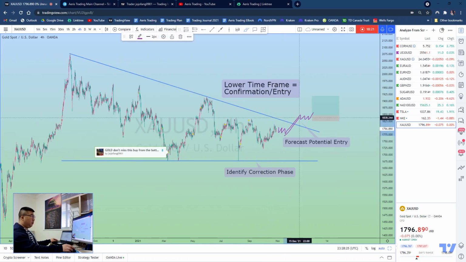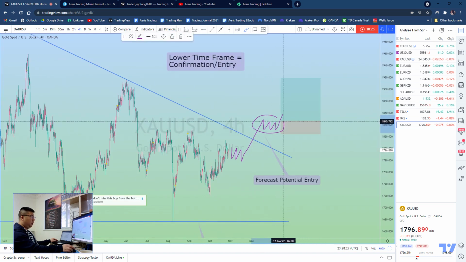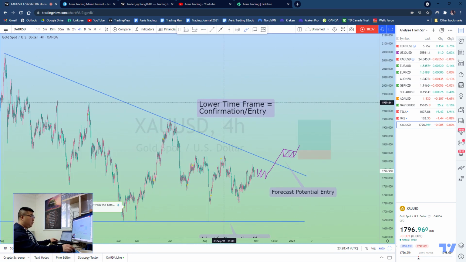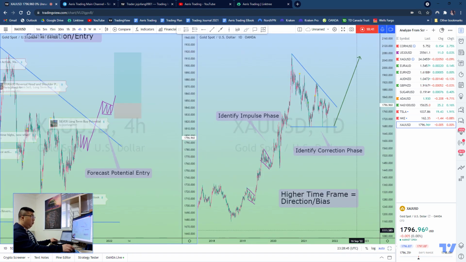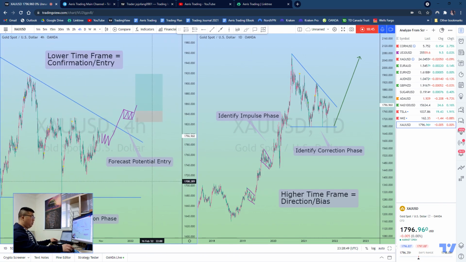But if the price does push out of the higher time frame correction, and it forms lower time frame continuation price action, then this is generally a very good potential setup that we can take. You can forecast how you want to enter, what your stop loss is, and what your potential take profit is, so that you're prepared for the market condition when the market develops into the right price action for you to execute.